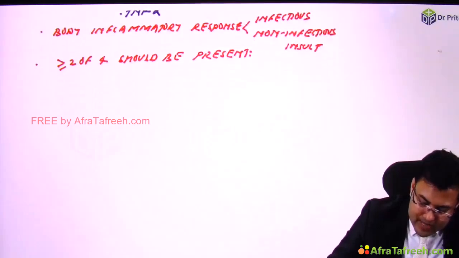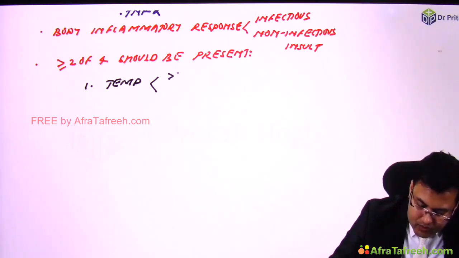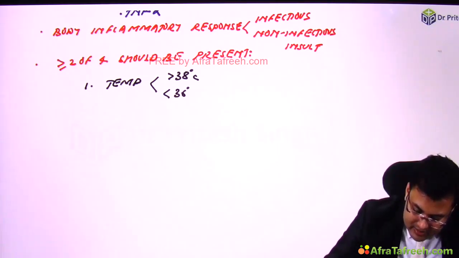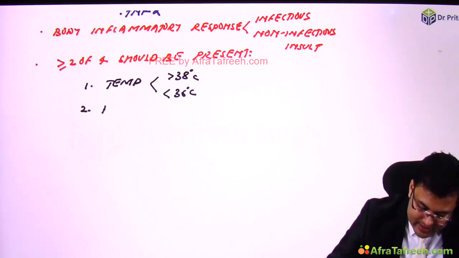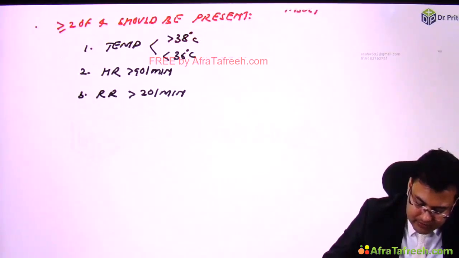Now what are those parameters? First, temperature, either more than 38 degrees centigrade or less than 36 degrees centigrade. Second, heart rate, more than 90 per minute. Third, respiratory rate, more than 20 per minute.